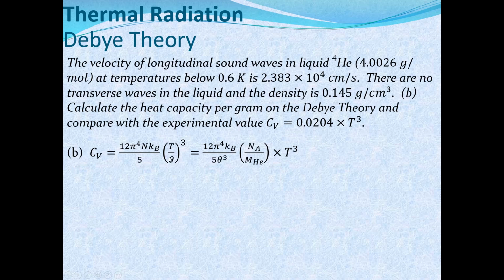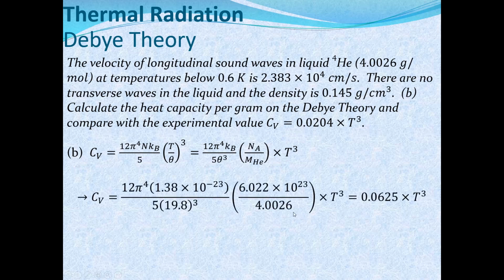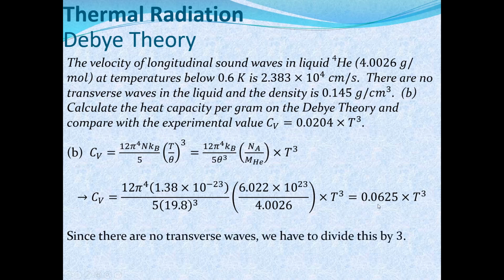Oh, we have to take the number N and replace it with this, Avogadro's number divided by the molar mass, because you can actually see through unit analysis that that's what you end up getting. So that's what's going on here. Just replacing the N with the number of molecules calculated through Avogadro's number and the molar mass, plugging the numbers in, and you end up getting this.